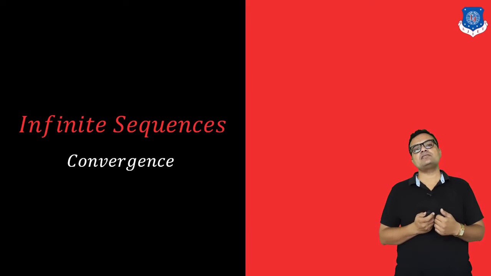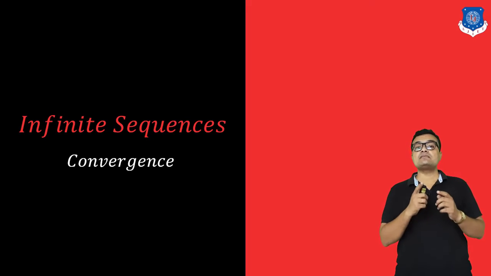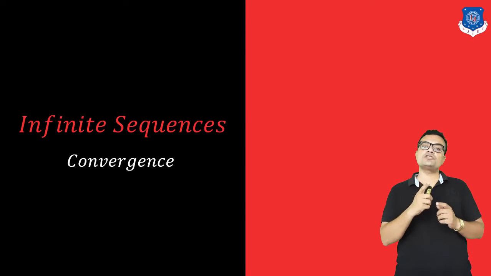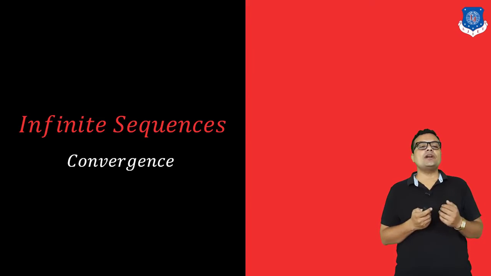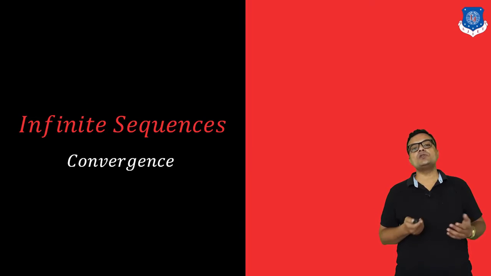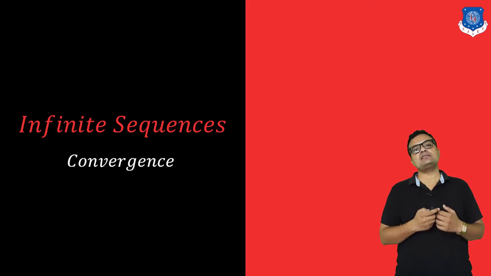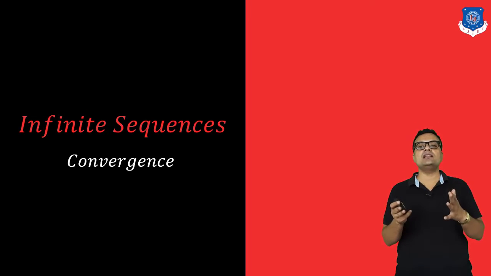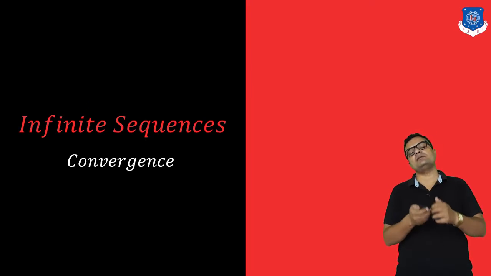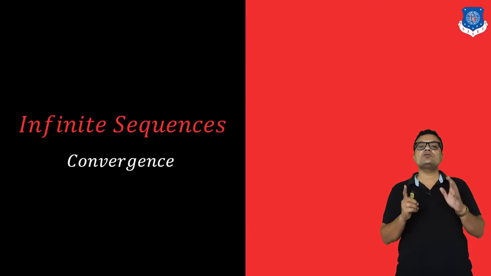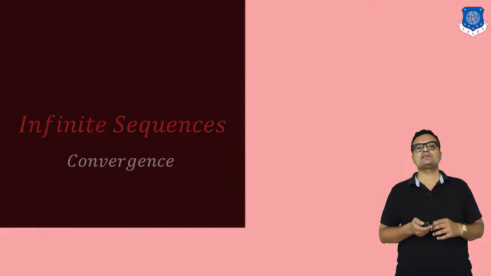As we have seen in the case of 1 by n, if I take 0, there are infinitely many points in the neighborhood of that point. So we can say that the sequence is converging to 0. Any sequence will converge to a particular number capital L if and only if, when I consider a neighborhood of L, there is a cluster of infinitely many points in that neighborhood. This is the whole idea about convergence.